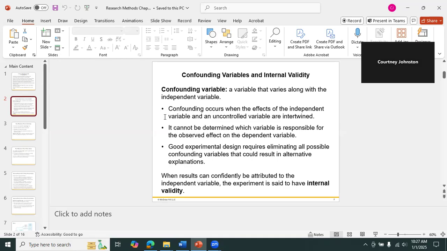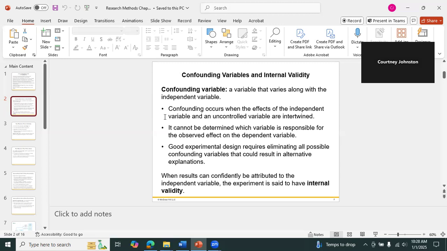So this could potentially be another variable that we're not accounting for that is actually causing the dependent variable to vary. And we can't determine which variable is actually responsible for the observed effect on the dependent variable. And so we cannot come to any really causal sort of conclusion.